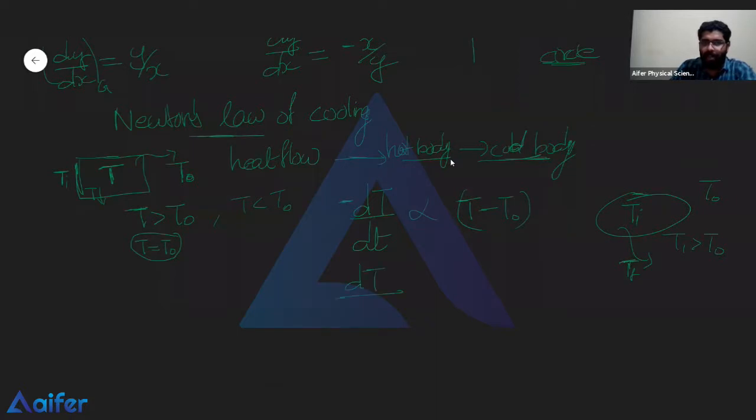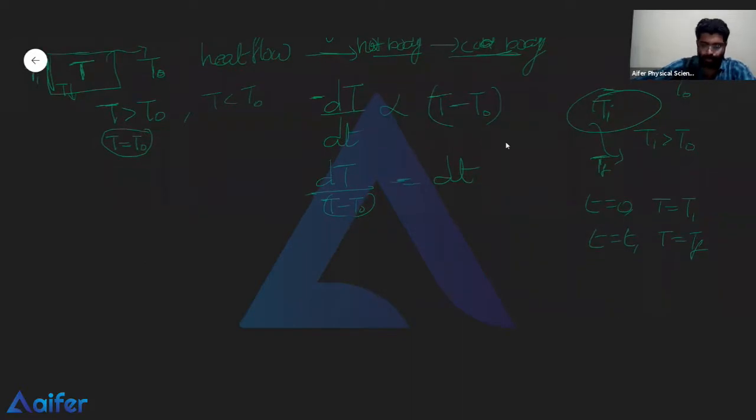At time t equal to 0, the temperature of the body is Ti. At t equal to t, an arbitrary time, the temperature of the body is Tf. This is the boundary condition we are going to use.